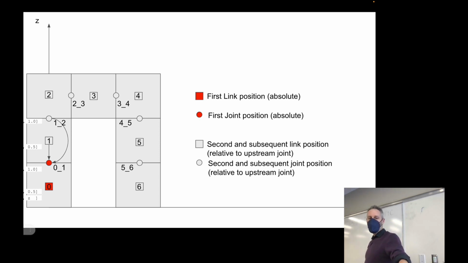We could add yet another object over here and add another link, connect that link to this link with a joint sitting right here. That joint also would have no upstream joint, so it would be defined with absolute coordinates, GPS coordinates, numbers that indicate where it exists in the virtual world. Okay.